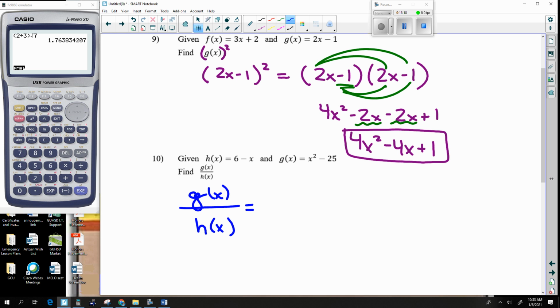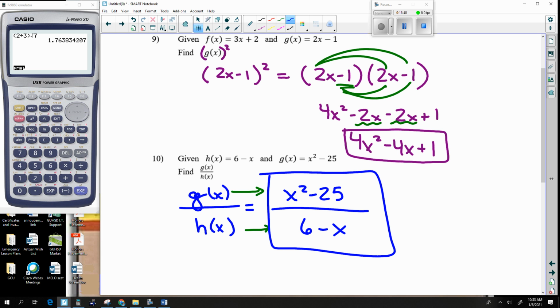But for right now, all you have to do is put in the polynomials where they're supposed to be. So for instance, the top is a g of x. G of x is x squared minus 25. The denominator is h of x. So h of x being 6 minus x. And with that being written, just kind of call it a day with that.